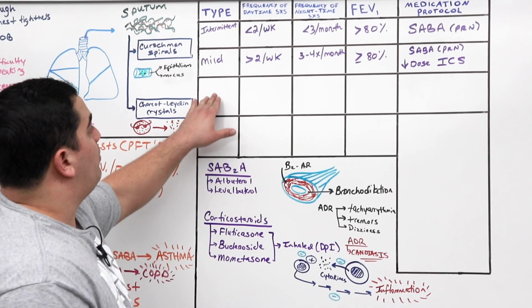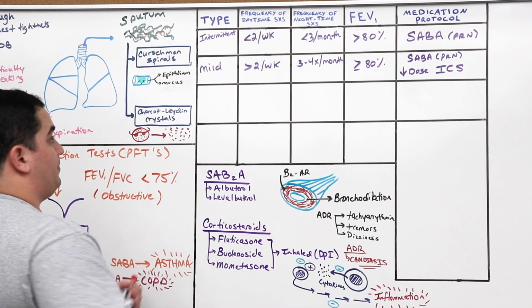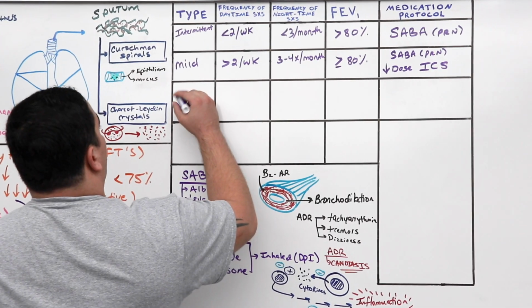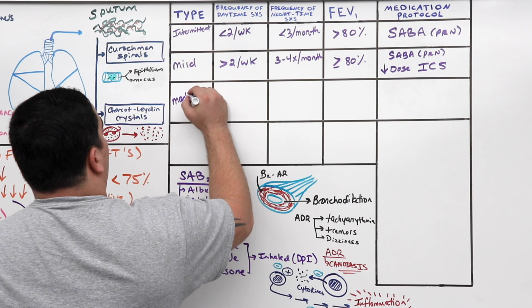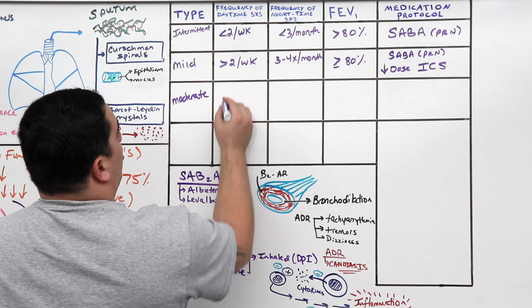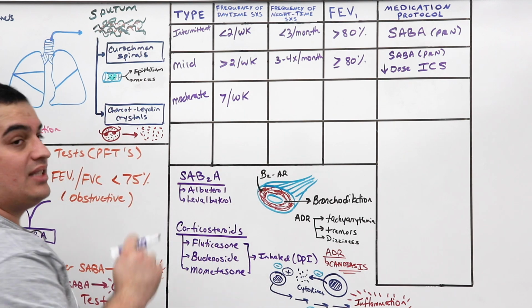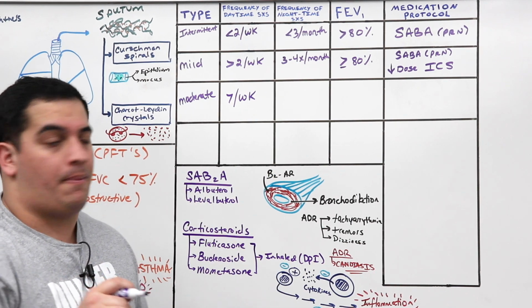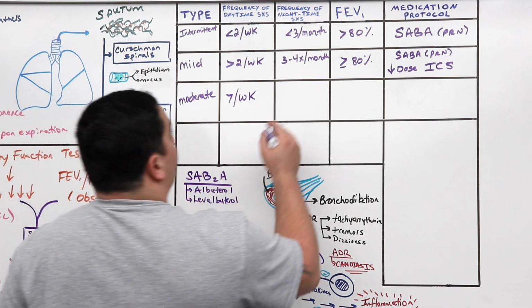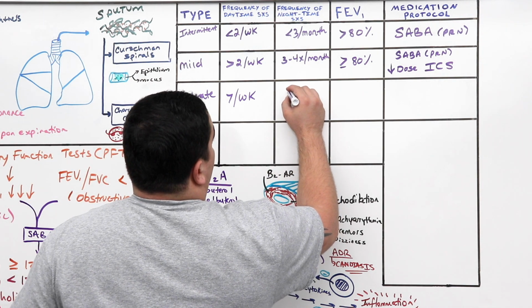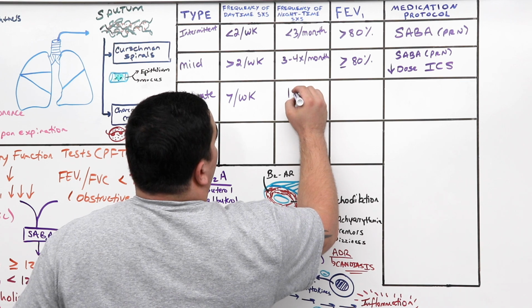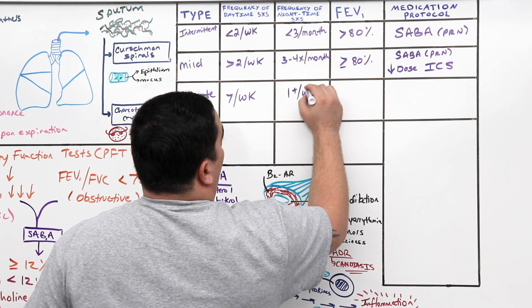The next step is we start to experience moderate symptoms. Okay? So moderate is we're at the point now where we're experiencing symptoms at least 7 times per week. The next thing is you're starting to experience nighttime symptoms at least once or more per week.